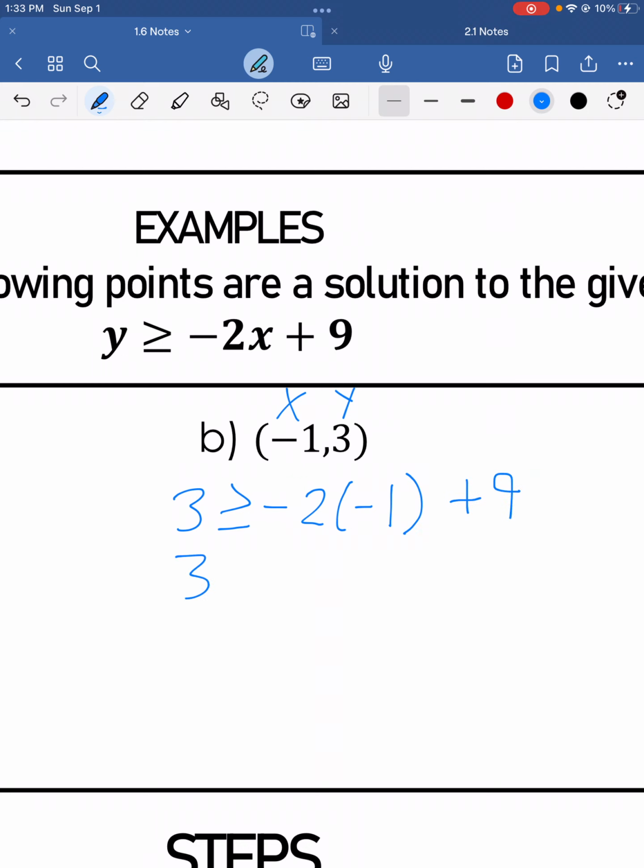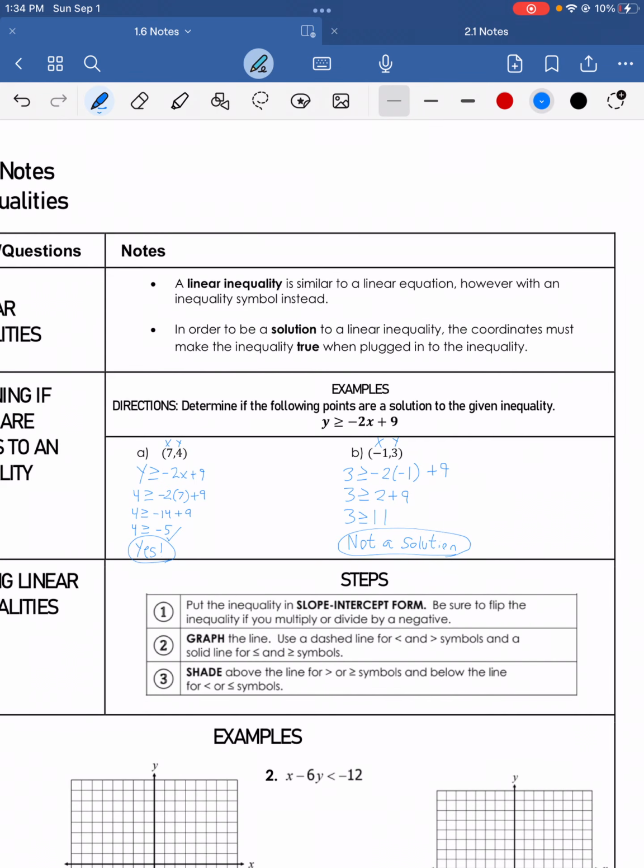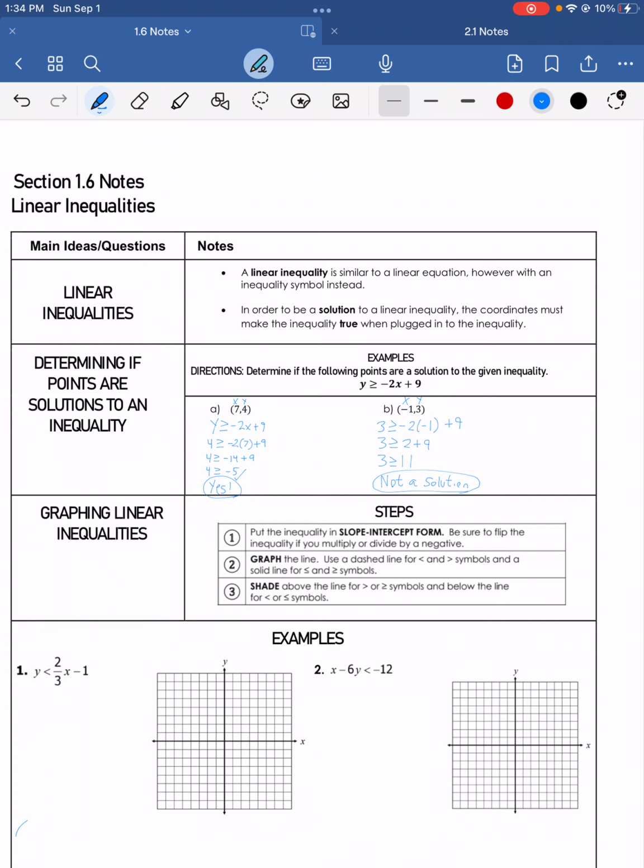So we get 3 is greater than or equal to 2 plus 9, because negative 2 times negative 1 is 2. So we get 3 is greater than or equal to 11, which is false. So it's not a solution. So that's how you determine if something is a solution or not.